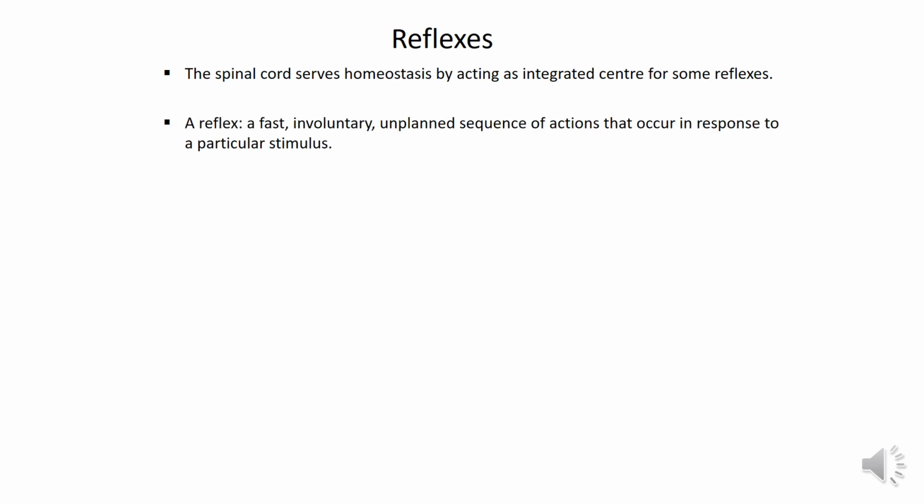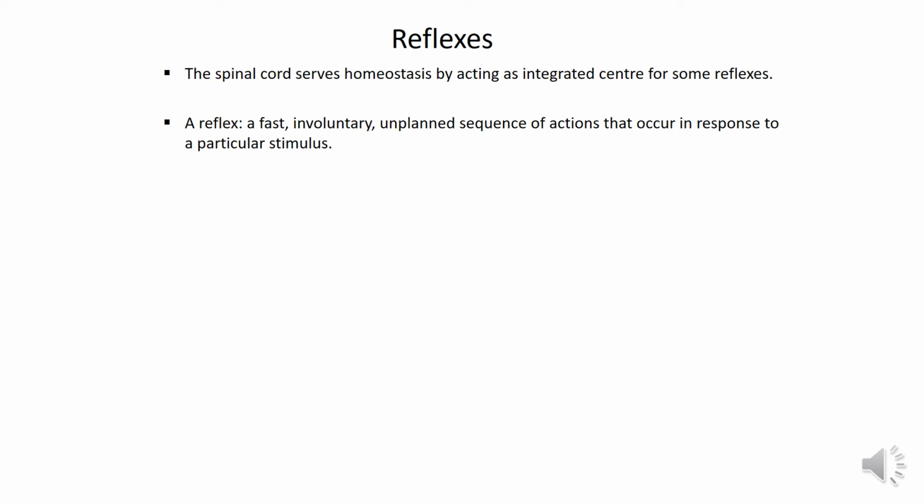So again, what is the definition of reflex? Reflex is an involuntary response to a stimulus, and they serve to regulate some of our activities, like the muscle tone reflex and the Golgi tendon organ reflex.